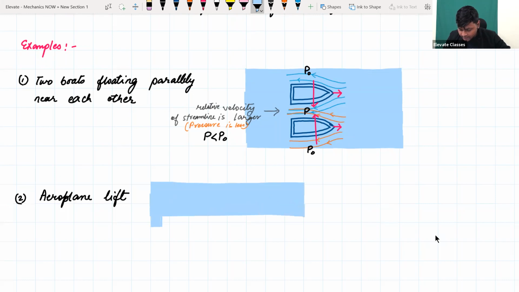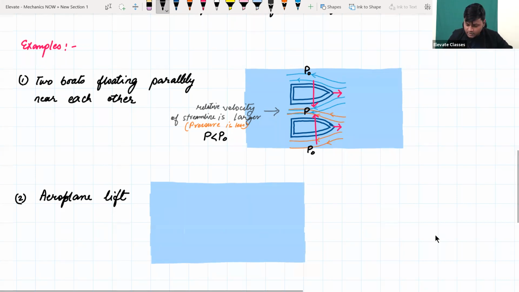in a track, the body of the aeroplane does not create any specific lift, but the aeroplane has two large wings on each side, and these wings are constructed in a particular fashion. The wings have a particular shape, if you have seen, something like this.